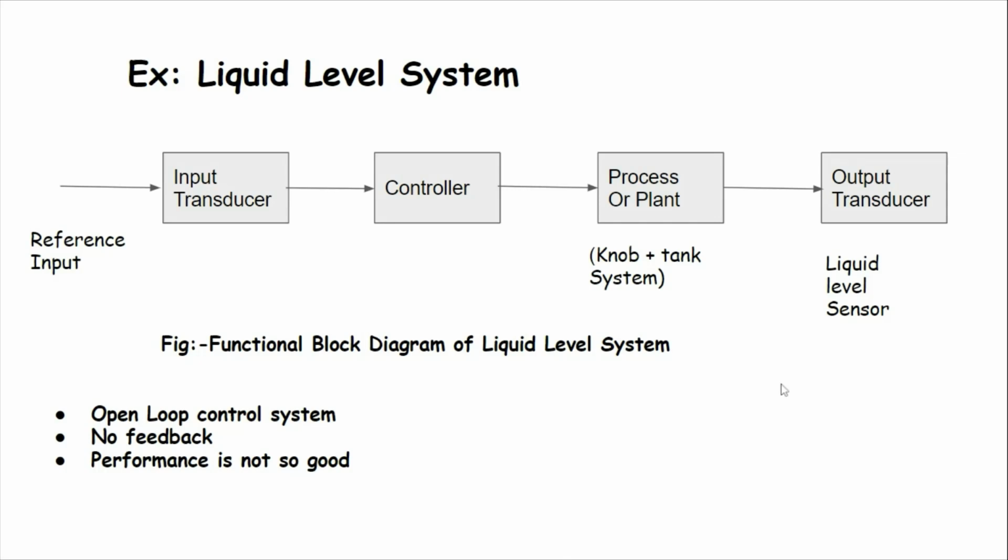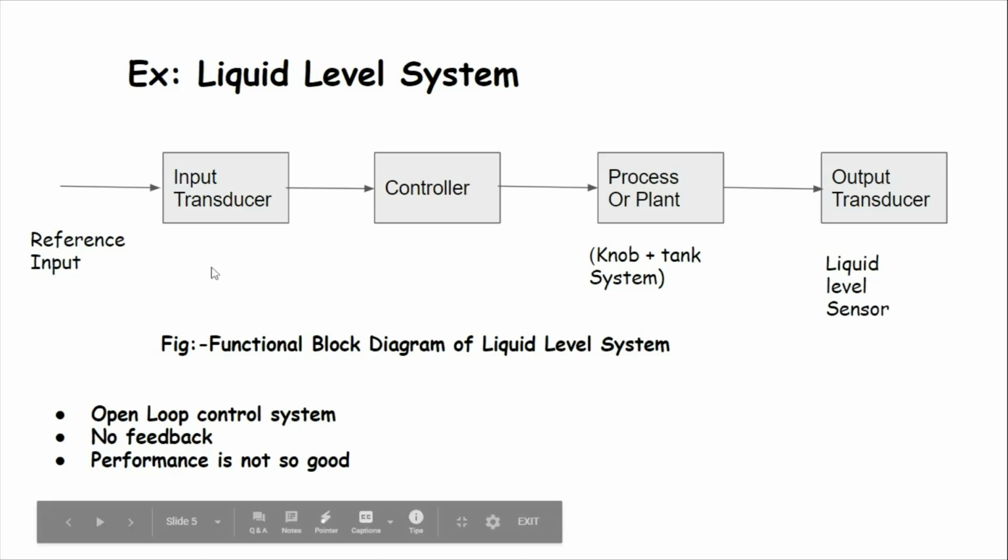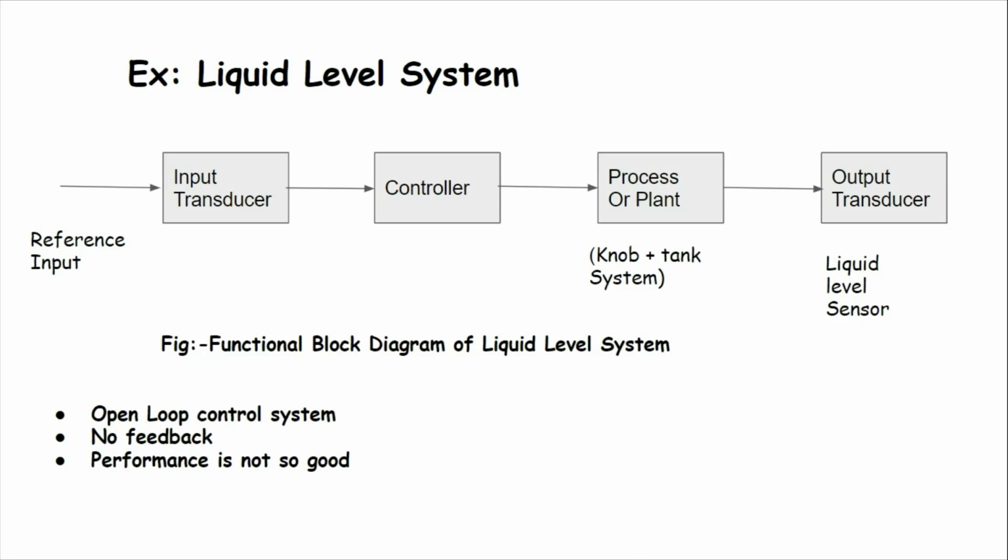Now suppose the person who is controlling this knob has some knowledge about the actual level of liquid. That is, some feedback is given from this point to this side. Let's see what happens then.